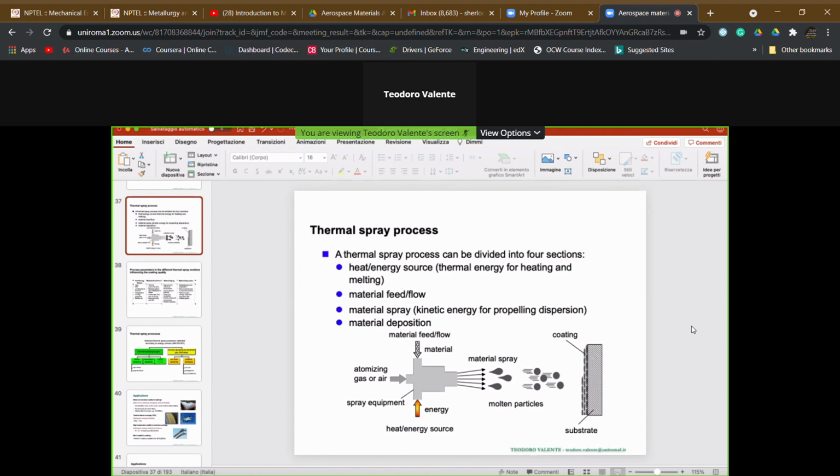Then we have the section of the material feed, that is the materials in the form of powder, which is used in order to fabricate the coatings.